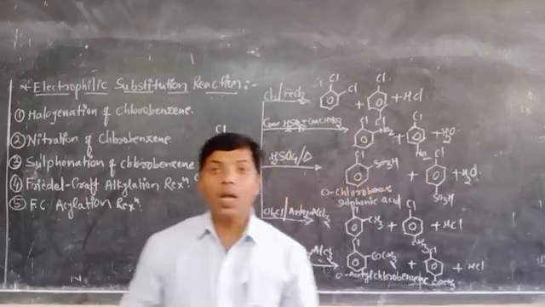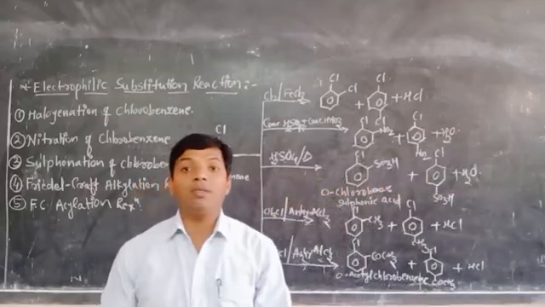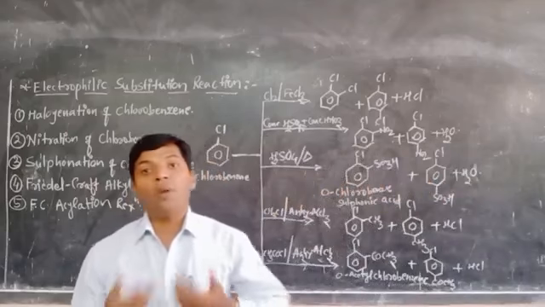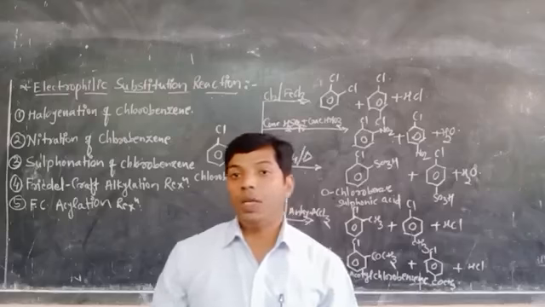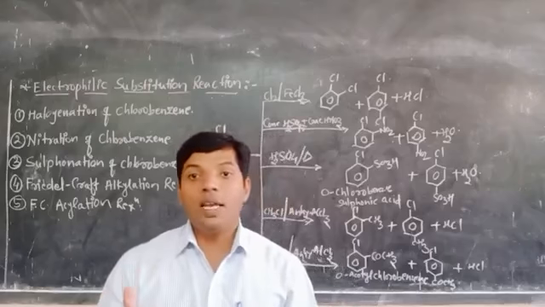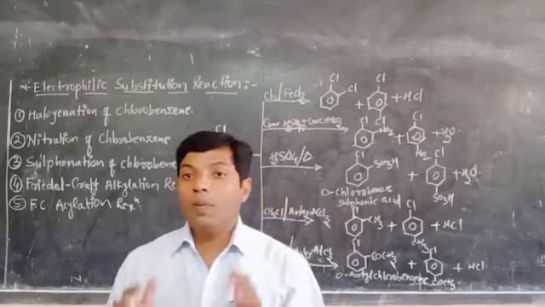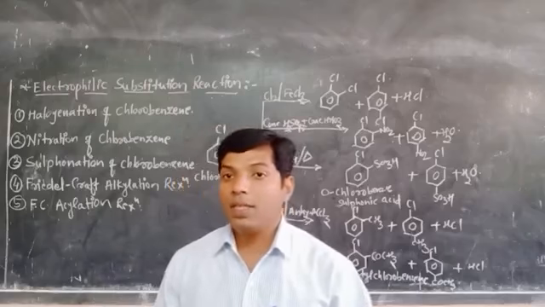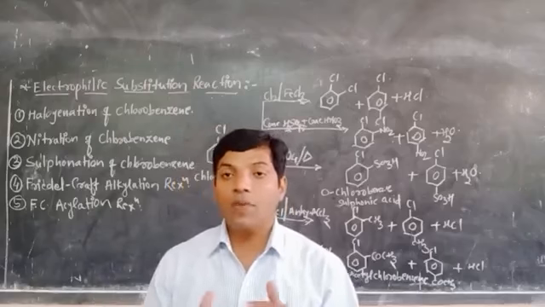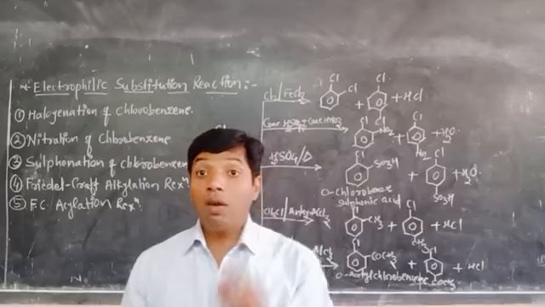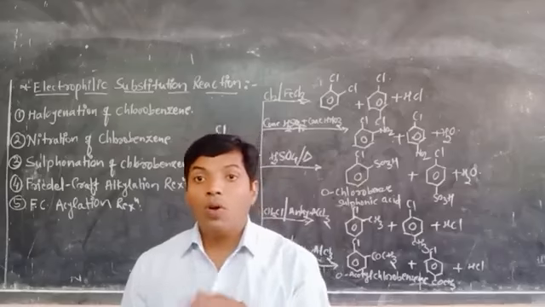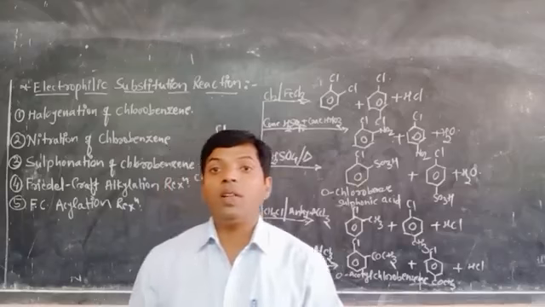plus HCl as a product. Next we will discuss the Friedel-Crafts acylation reaction. What do you mean by Friedel-Crafts acylation reaction? Here we are going to study the Friedel-Crafts acylation reaction of chlorobenzene. The basic definition of Friedel-Crafts acylation is that benzene or an aromatic compound or its derivative is treated with an acyl chloride.